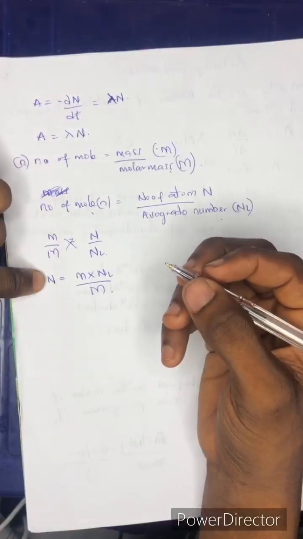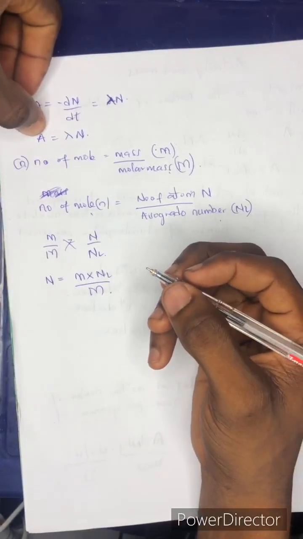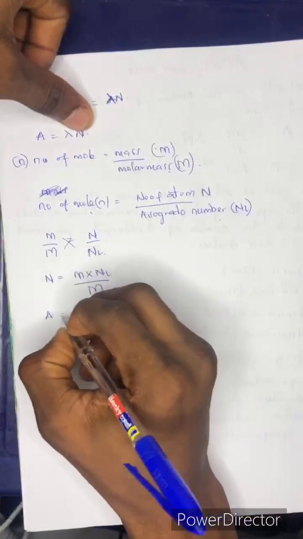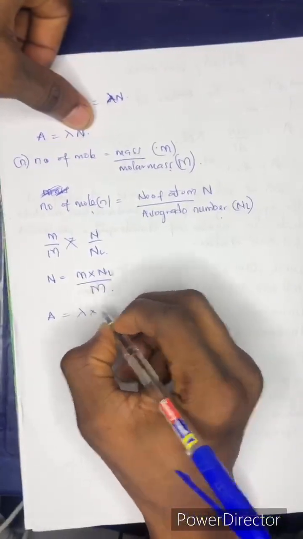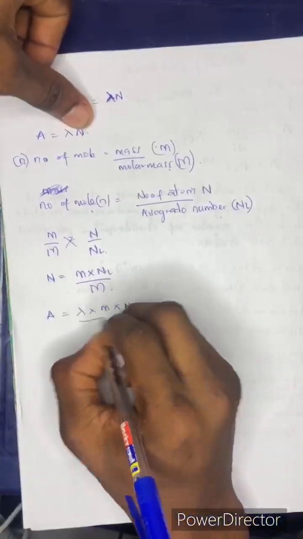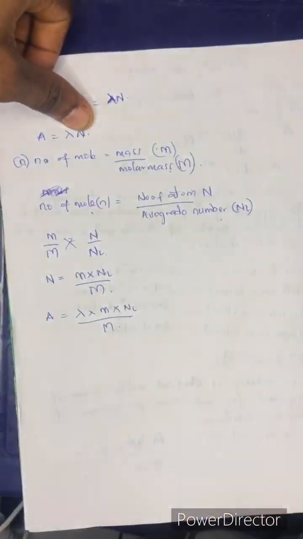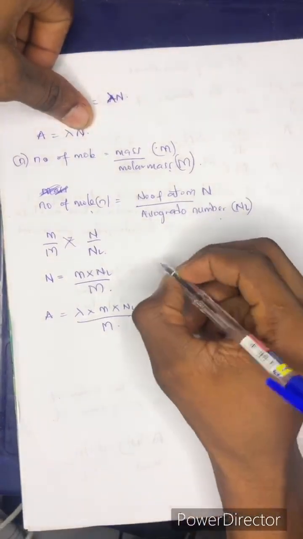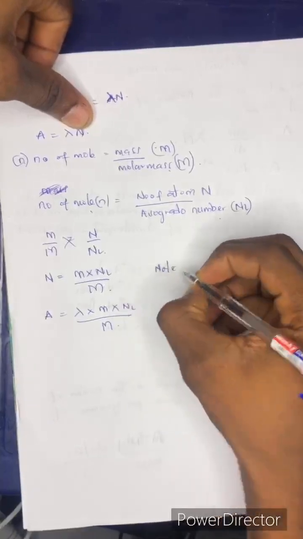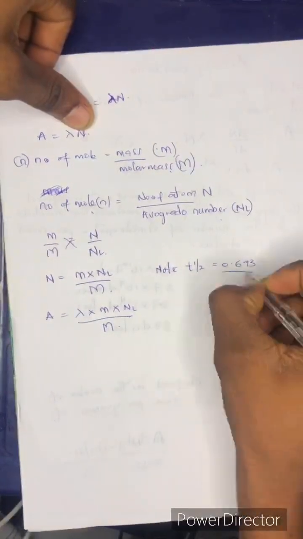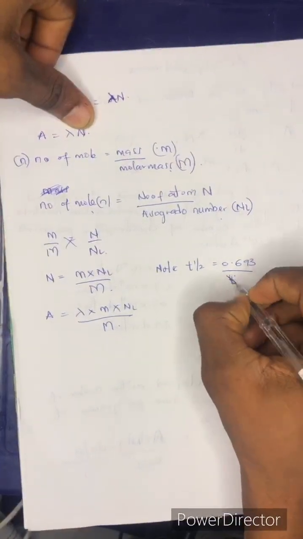Now I've got the number of atoms, and I said here that A equals lambda times number of atoms. So A equals lambda times mass times Avogadro's constant all over molar mass. I've related everything, but it remains to relate half-life. Note that half-life equals 0.693 over lambda.